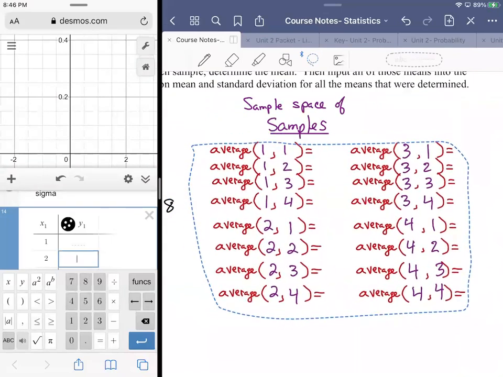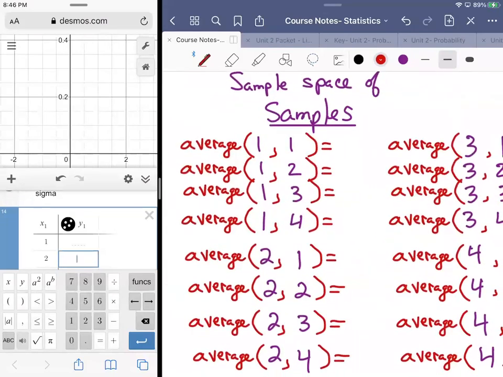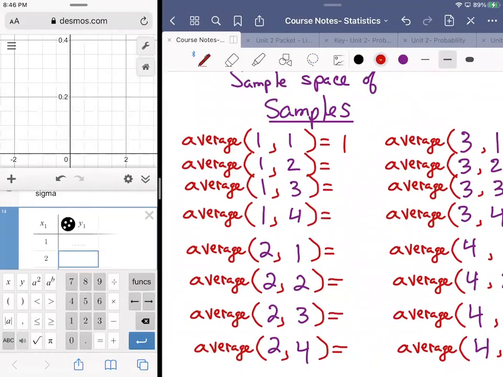So anyway, average of 1 and 1 is 1. Add them up and divide by 2: 1.5, 2, 2.5. 1.5 again. We're just splitting the difference between the two numbers, really.